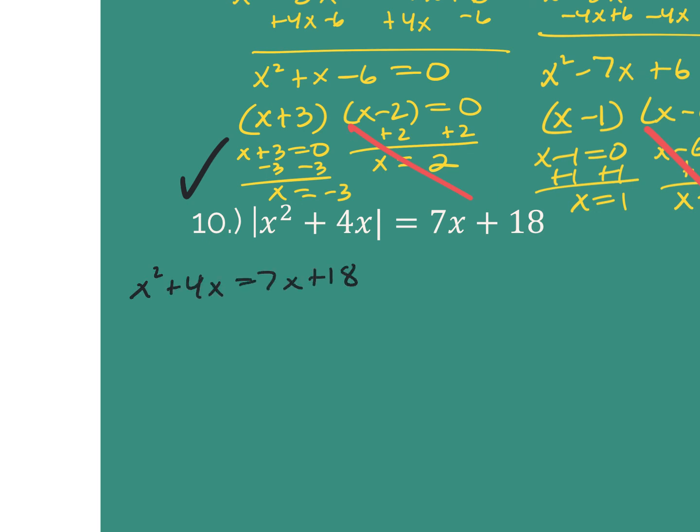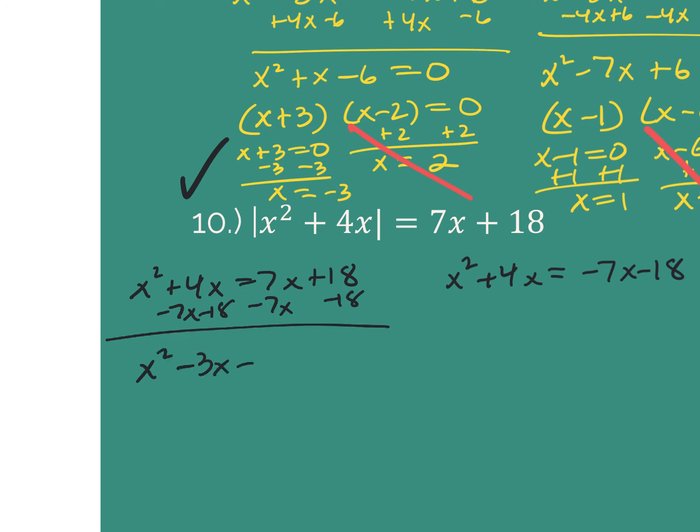The second problem, flip the signs on both. Get your like terms together. So I'm going to subtract the 7x and the 18. X squared minus 3x minus 18 equals 0.